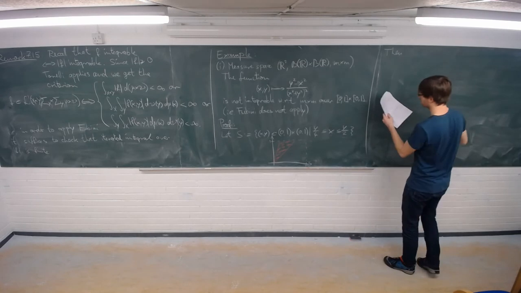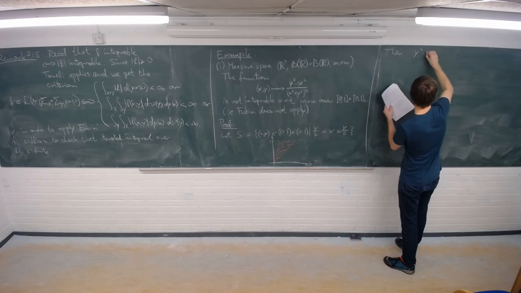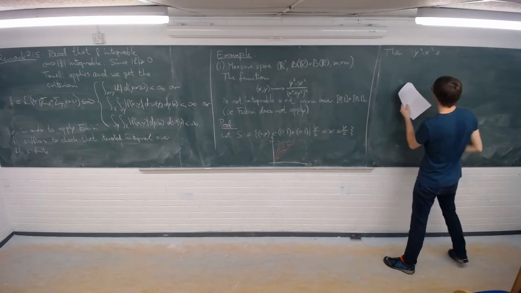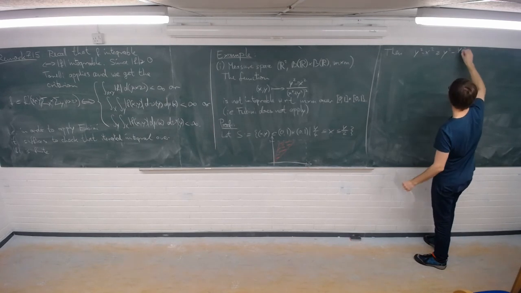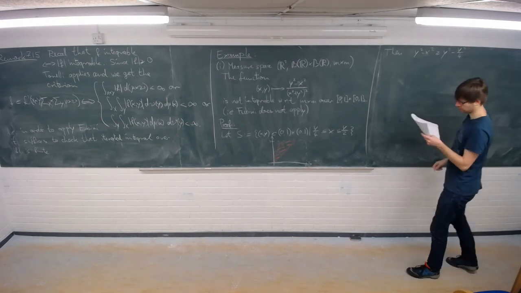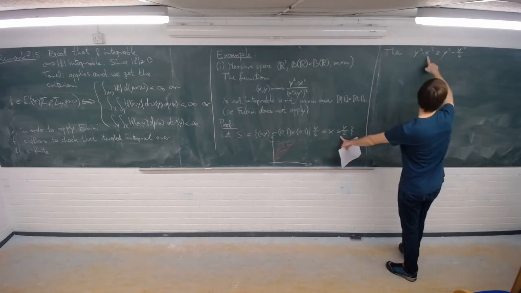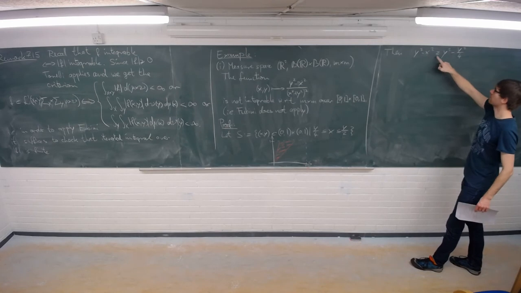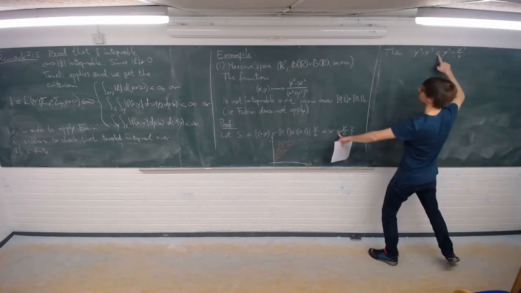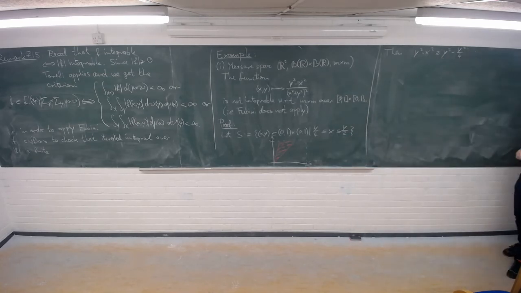So on this set S, we have the following bounds: y squared minus x squared is larger or equal than y squared minus y squared over 4. That comes from this inequality, x is less than y over 2. So if we subtract this, then this becomes larger or equal, and the y over 2 becomes y squared over 4.